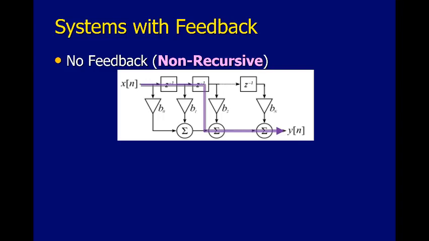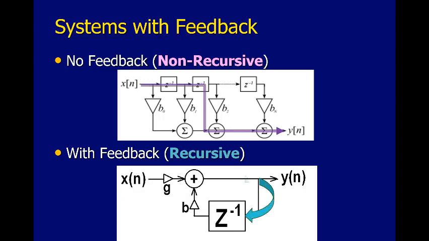Just a piece of k's and x terms. As soon as I take that y of n and feed it back into the computation, then it's recursive. I'm generally going to do that through some kind of delay or number of delays. So recursion, think feedback. Non-recursive, no feedback.